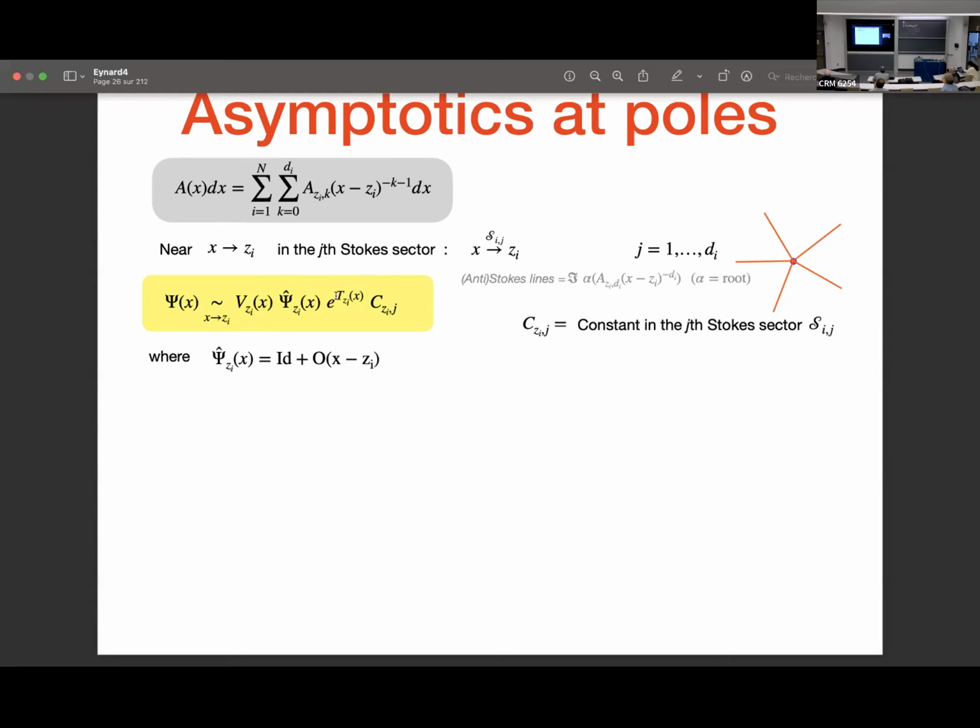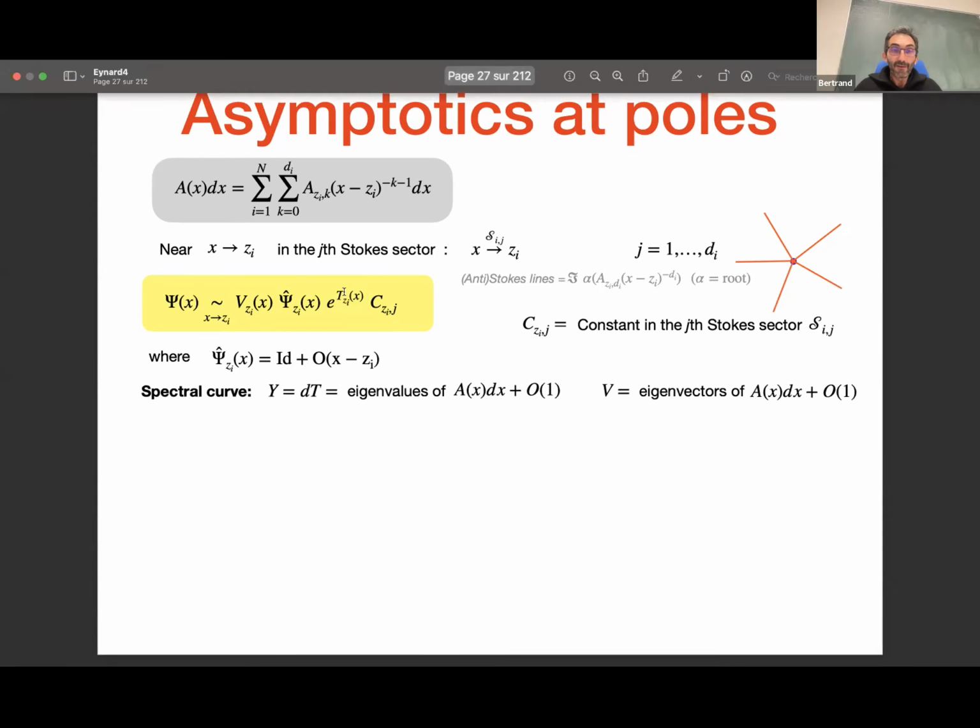Now let me explain what T and V are. Let's not first define T, but its differential. dT is basically the diagonal matrix of eigenvalues of A of x dx, or really only the singular part of the eigenvalues.